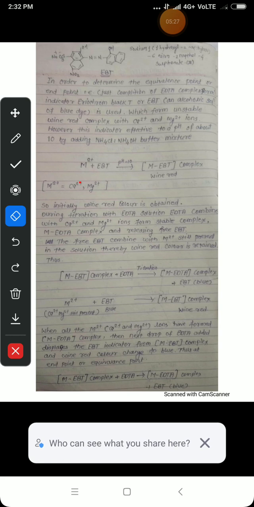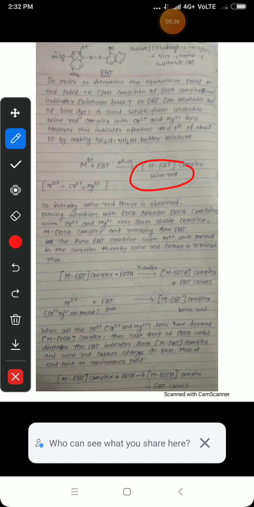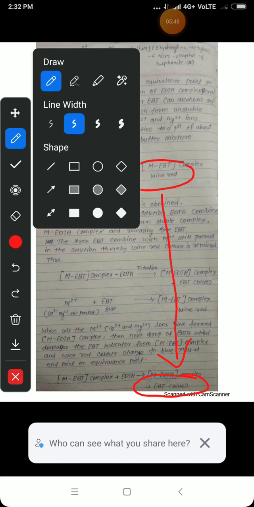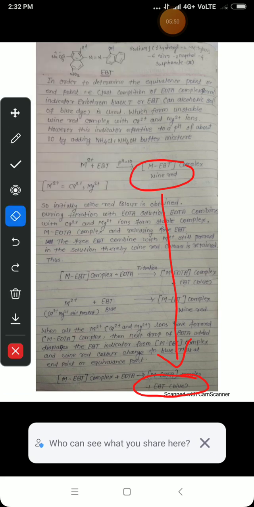Initially the metal EBT complex color is wine red, but after complete removal of the Eriochrome Black T, the color is blue. That means it changes from wine red to blue. This is an indication that the titration is completed and the metal EDTA complex is formed.